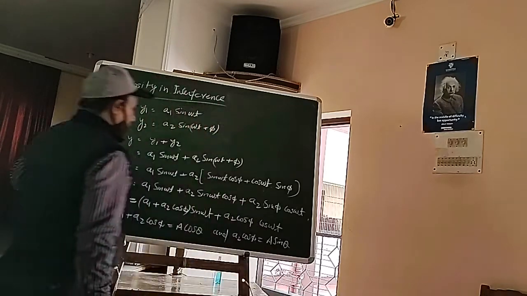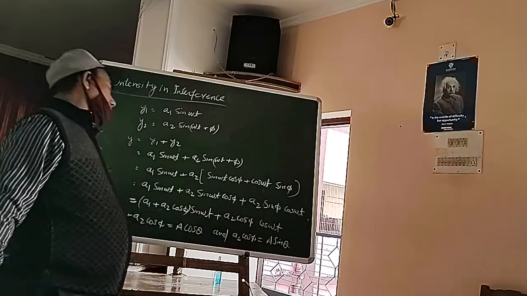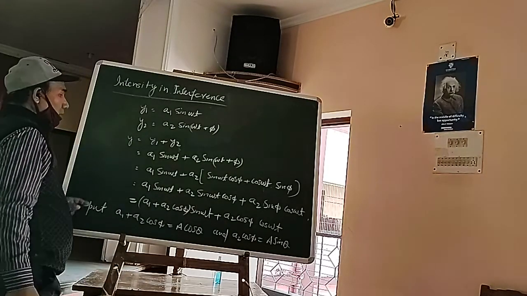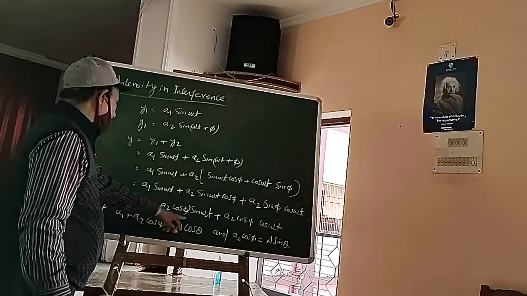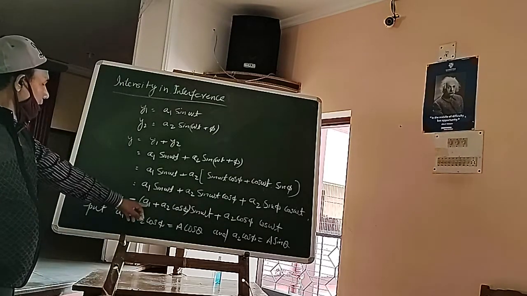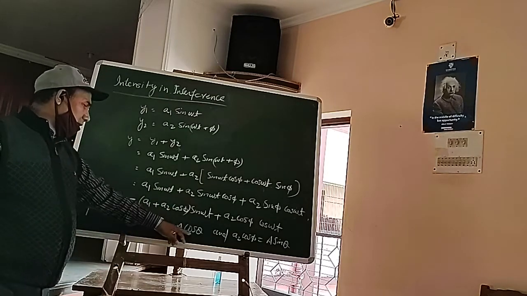Keep in mind, put a1 plus a2 cos phi as A cos theta and a2 sin phi as A sin theta. Now we substitute these in the resultant displacement y.